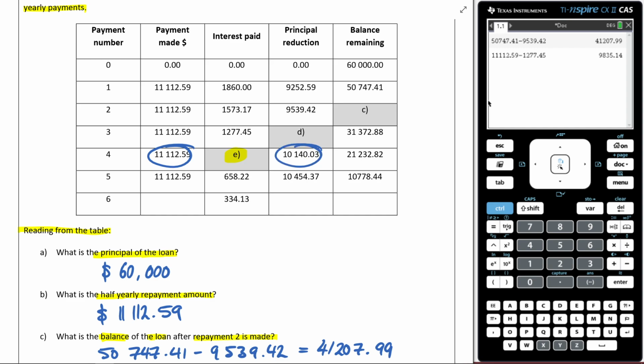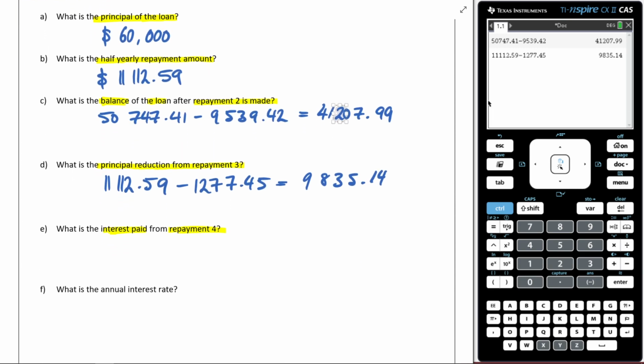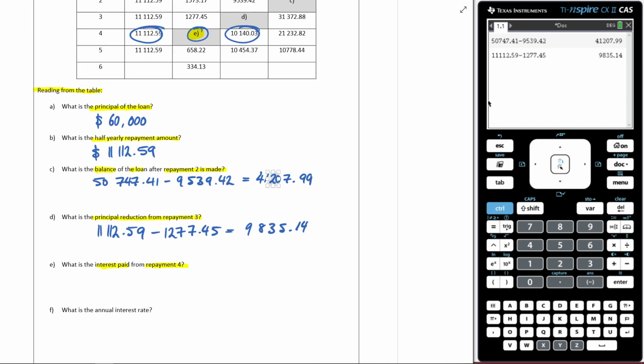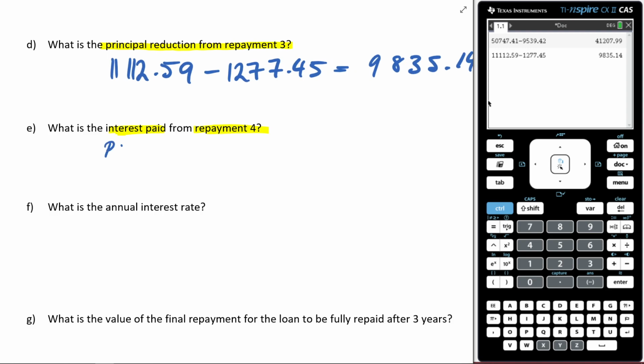And I know that the difference of these will give me the interest paid. So I'll just write this out just to be very clear here. I might even zoom out so you can see exactly what I'm doing. If I zoom out, I'm not going to be able to write neatly. Let me zoom in and then I'll zoom out. So I'm saying take the payment that you made and subtract it from your principal reduction.